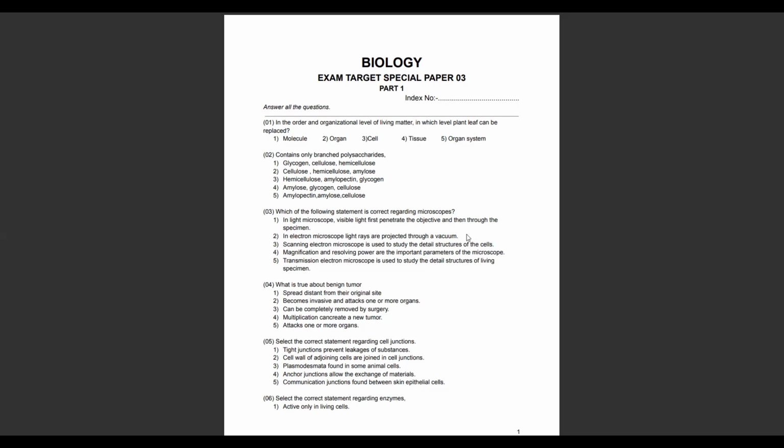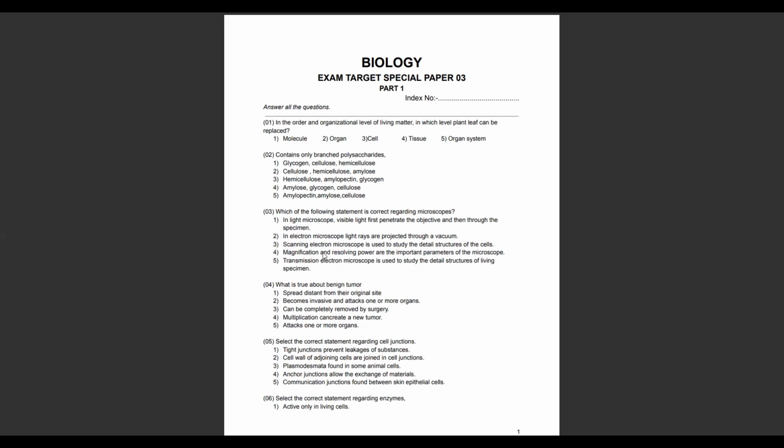That's why we can observe only non-living specimens. But light rays, no, not light rays. A beam of electrons is focused through the specimen in the electron microscope. A beam of electrons. That's why the second answer is incorrect.